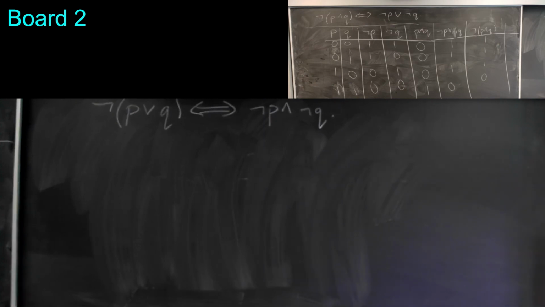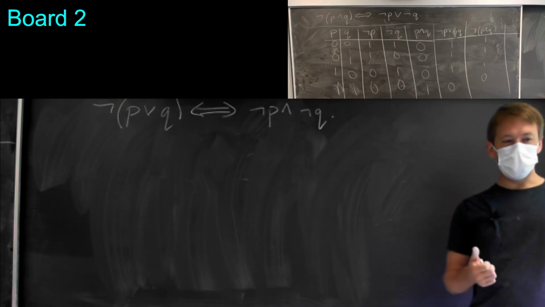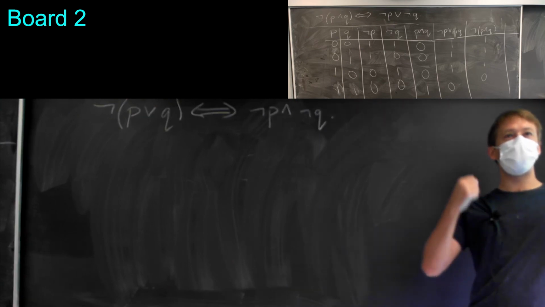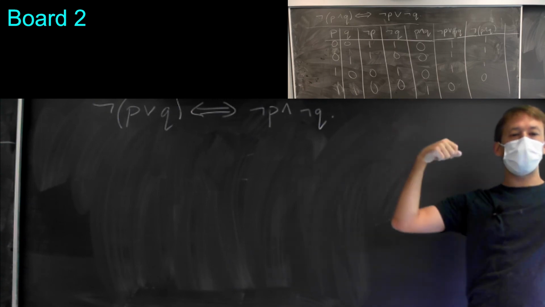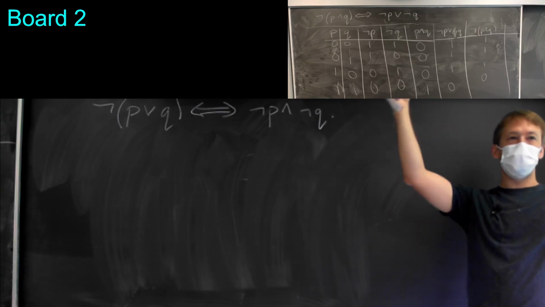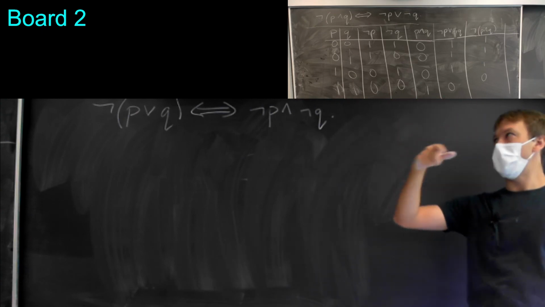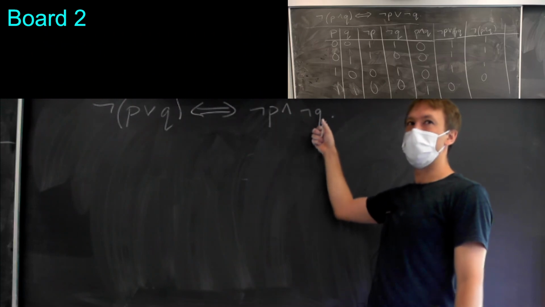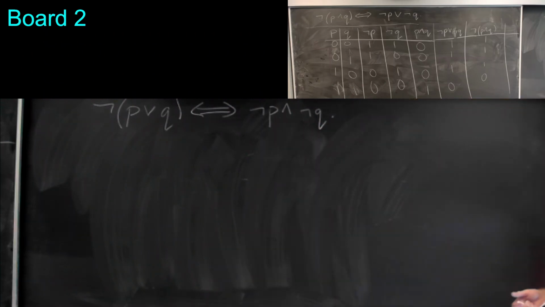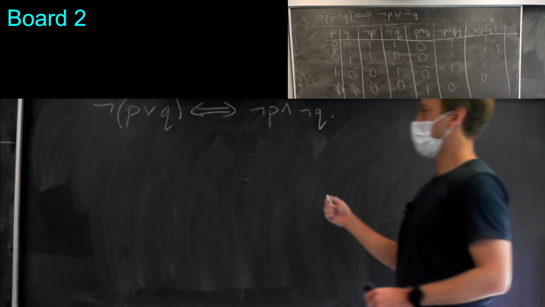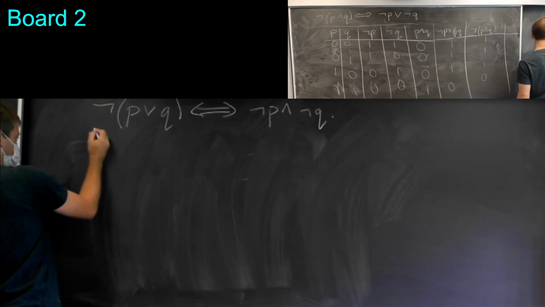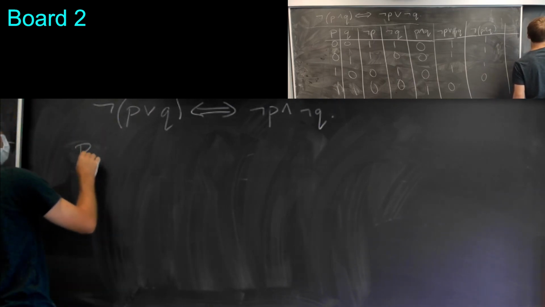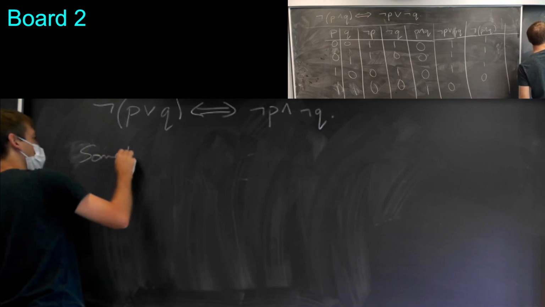It's sensible if you think of this in words, right? If I take the statement that this happens or that happens, this is true or that is true, and I negate that, what I mean is that neither of them is true, meaning it's not P and not Q. Okay, so maybe I won't do the truth table for this one, but it's an exercise, something you can do to practice.